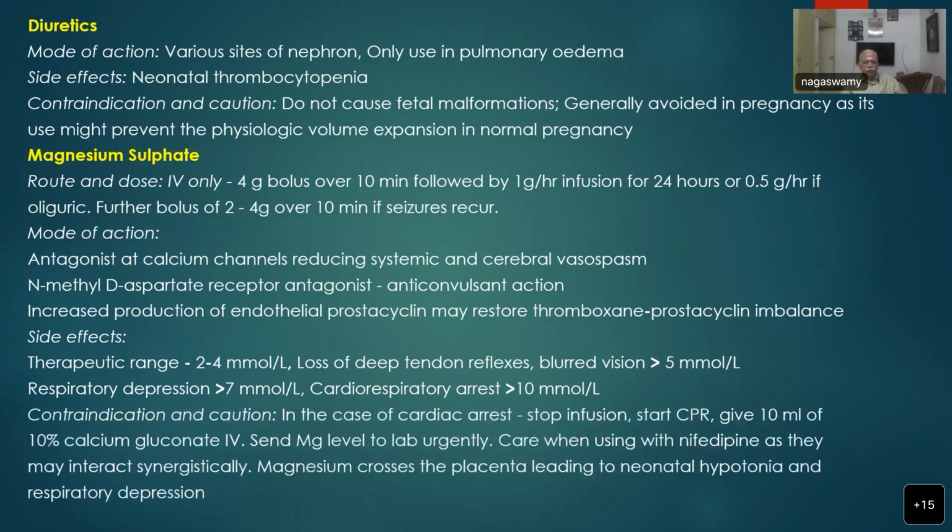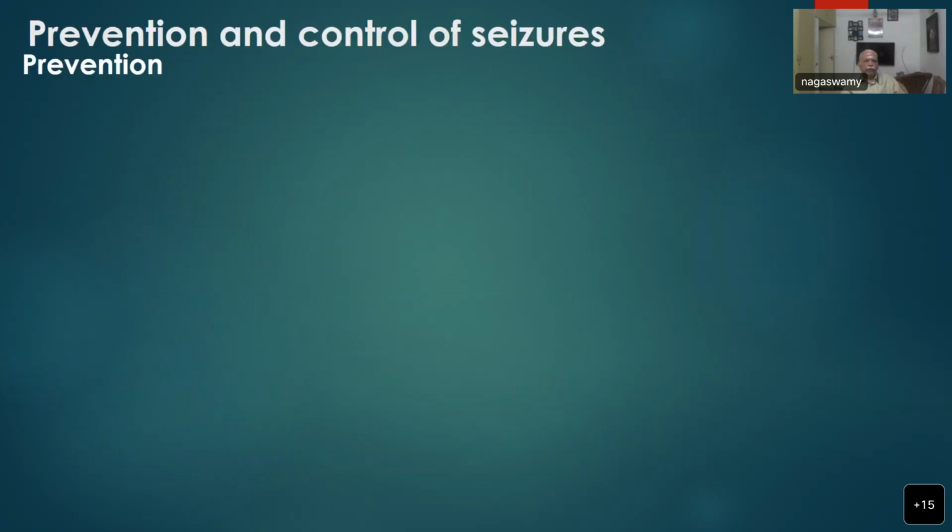In case of cardiac arrest: stop infusion, start CPR, give 10 ml of 10% calcium gluconate IV, and send the magnesium level to the lab urgently. Take care when using nifedipine. If the patient is already on calcium channel blockers like nifedipine, they may act synergistically, so be careful in patients who have been receiving nifedipine for a long time. Magnesium also crosses the placenta and can cause neonatal hypotonia and respiratory depression.